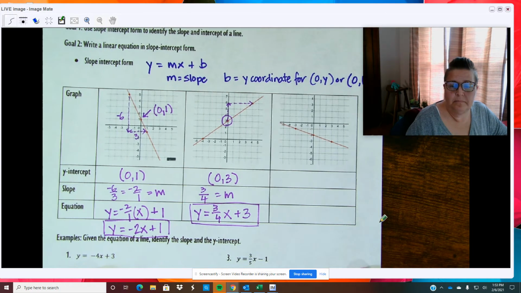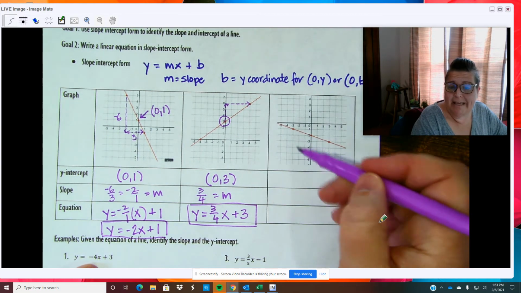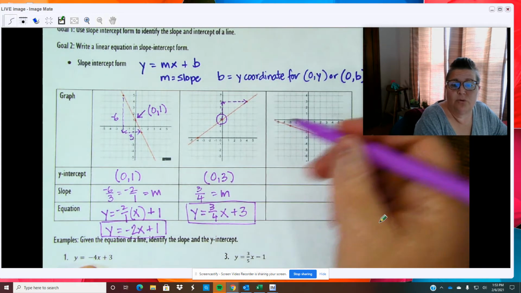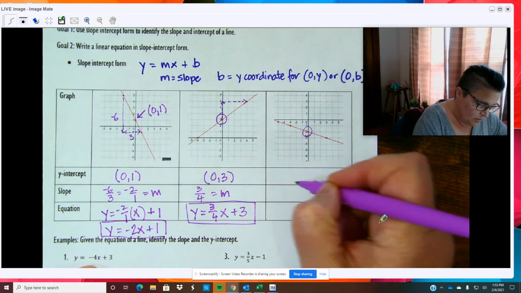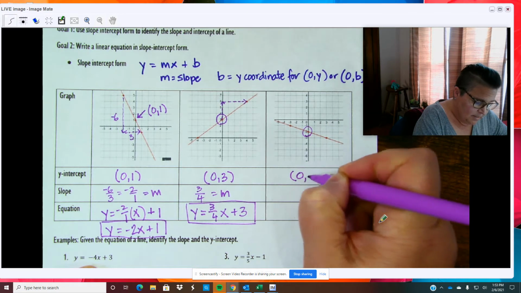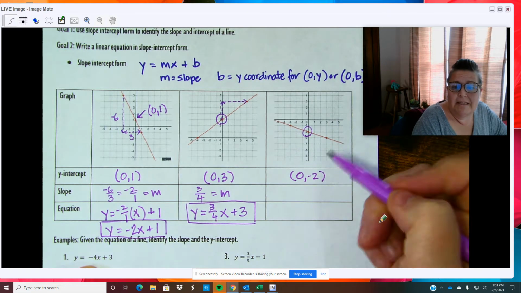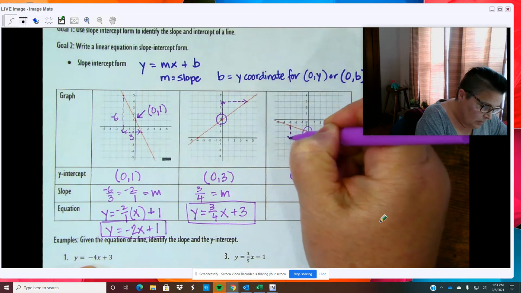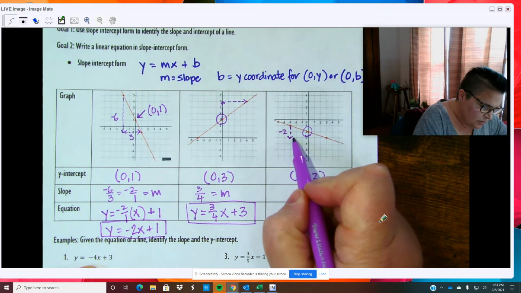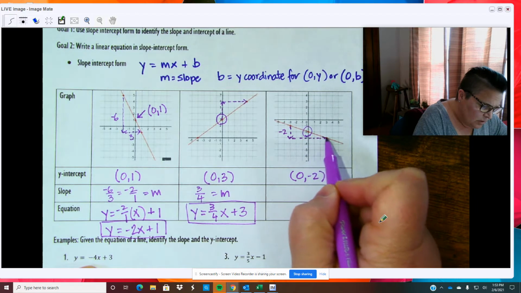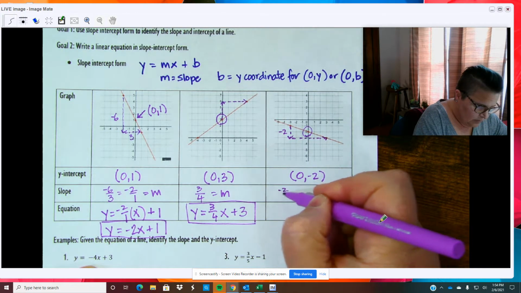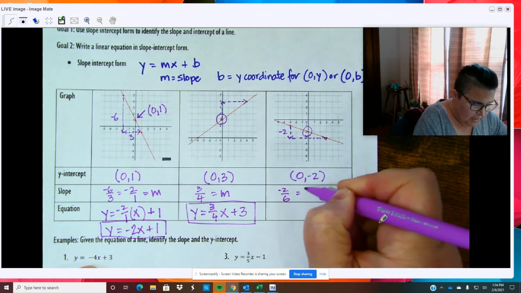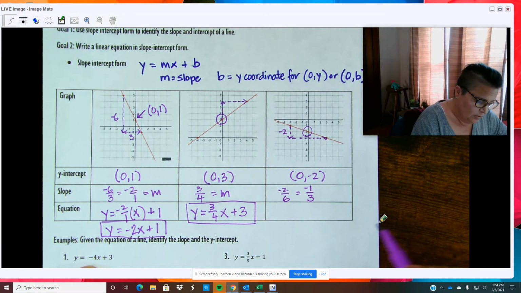Now, the last one, again, the first thing we want to find is your y-intercept. That's here at negative 2. So that coordinate is 0, -2. The m, or the slope, would be a fall of 2 and a run of 6. So -2 over 6, which I can reduce to -1/3.